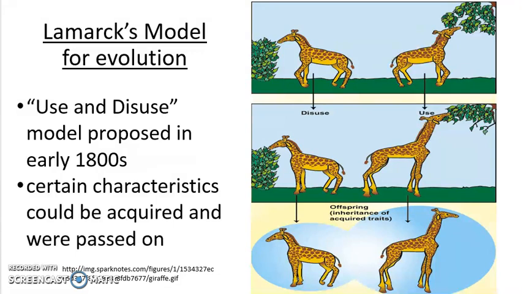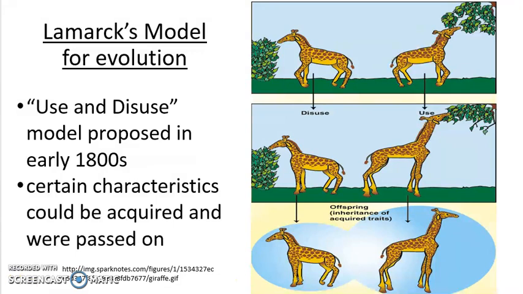But to give you a comparison, think about a weightlifter. They are definitely acquiring those muscles during their lifetime. But does that mean their baby is going to pop out of mom with huge muscles? We know nowadays that this is not true. You might be able to change your characteristics, but they are not built into your genes and inherited by your kids.